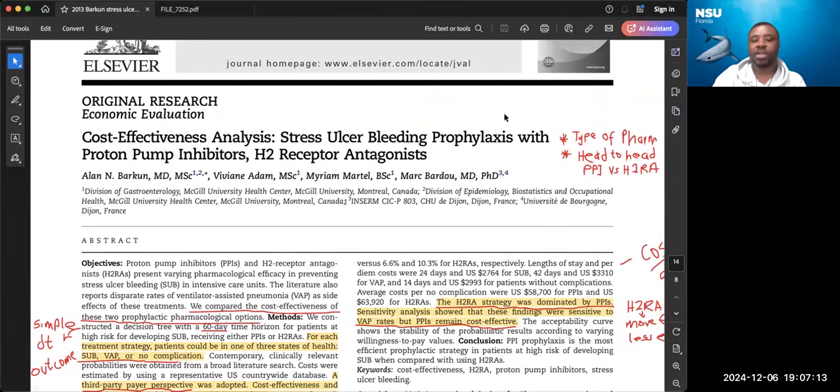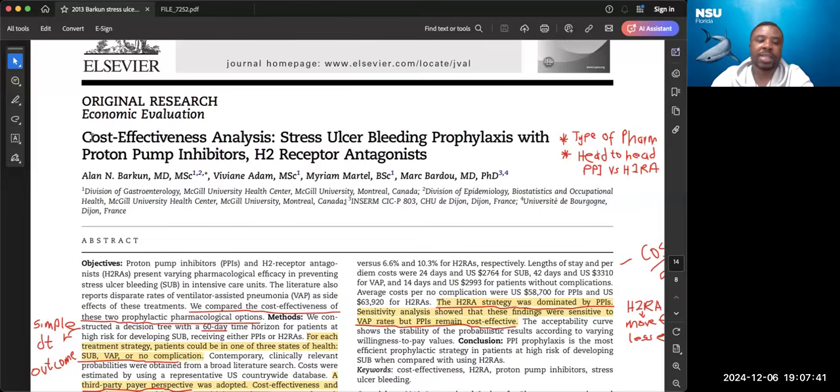In reading the article, the first step is to look at the topic. What is the topic talking about? For the topic, you look for two things. You have to look for the type of pharmacoeconomic study being done, which must be mentioned, and what is being compared.